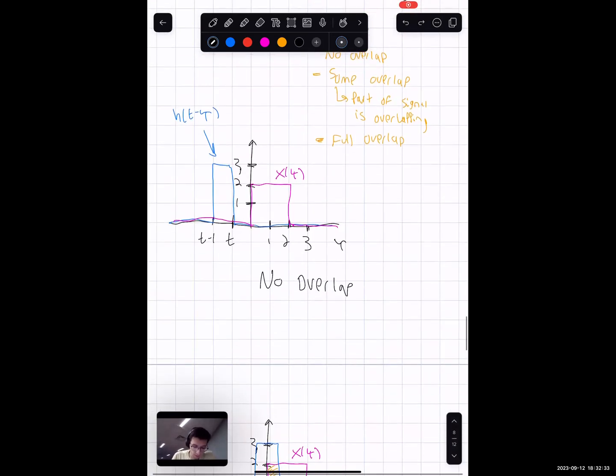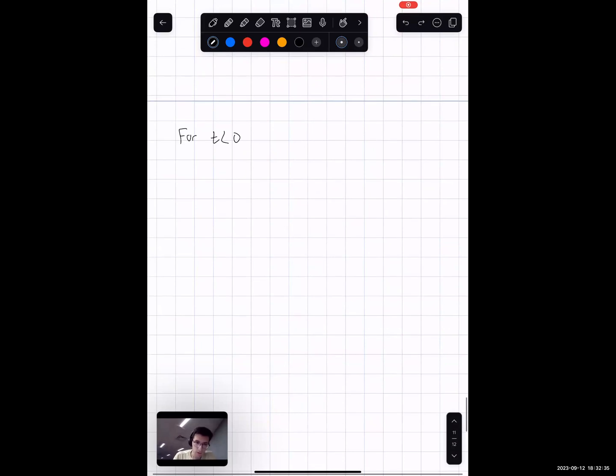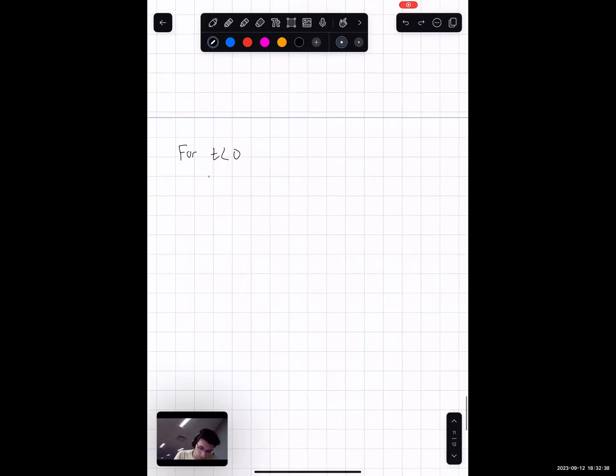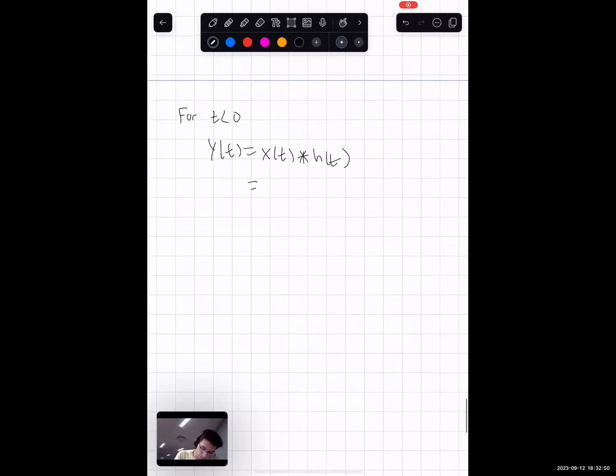So for t less than 0, there's going to be no overlap. So we can confidently say y of t equals x of t convolved with h of t, which, if you remember, is the same as this, right?